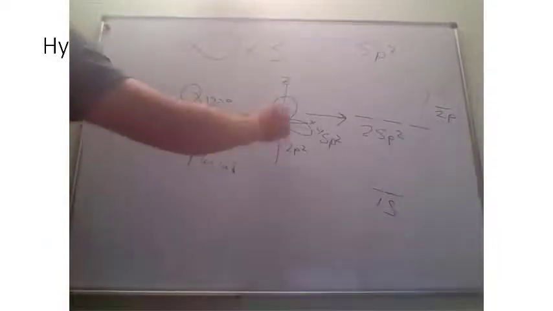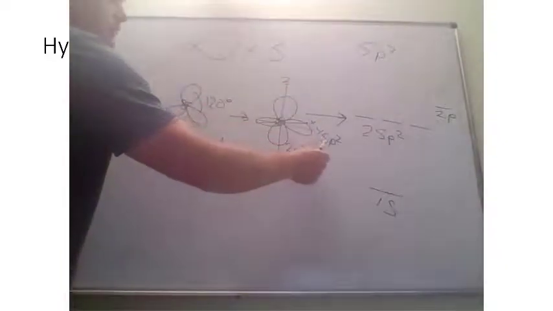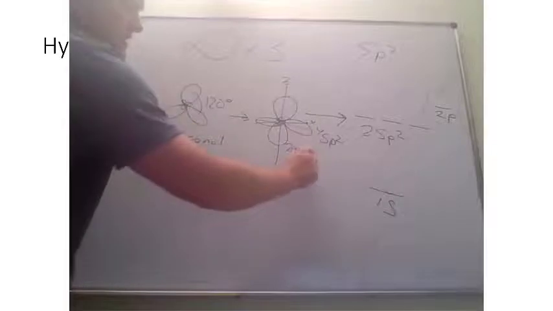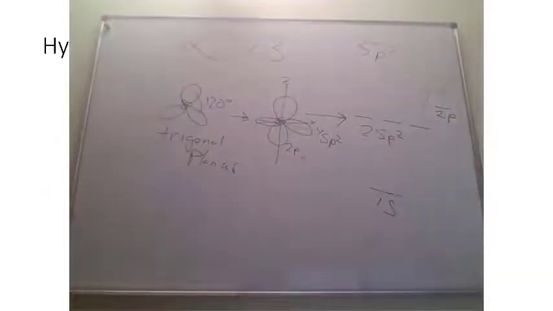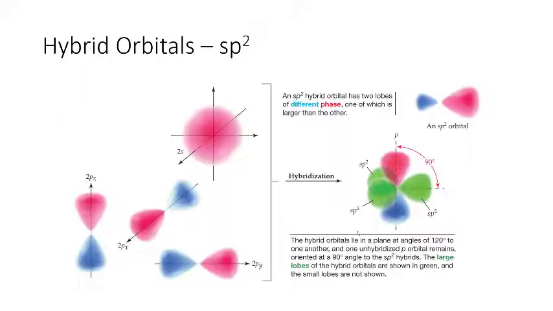So we have a remaining 2p orbital, a 2pz, and then our three sp2 hybrid orbitals all together. If we take a look back at the slide, you can see those three hybrid orbitals indicated by our green, and the blue and red is our pz orbital still shown.